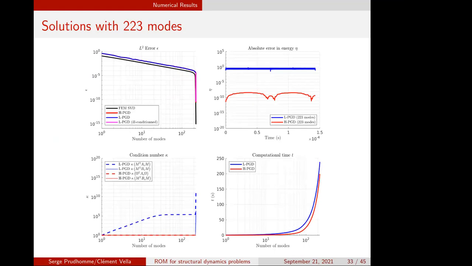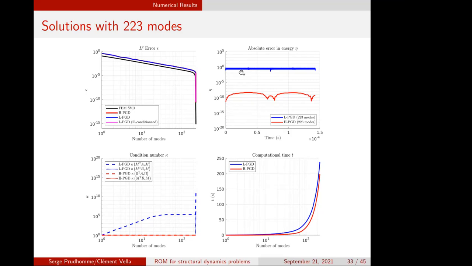Okay, so some details here. The difference that we started to observe is, first of all, the L2 error is very similar for the Hamiltonian and Lagrangian formulations, and we have a nice convergence.